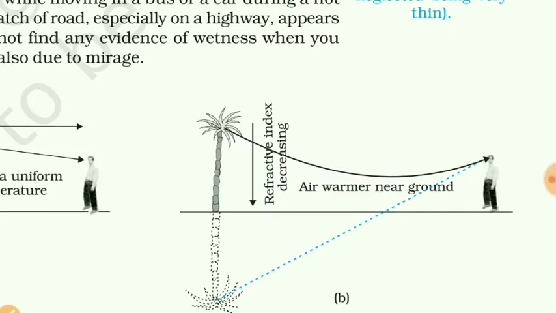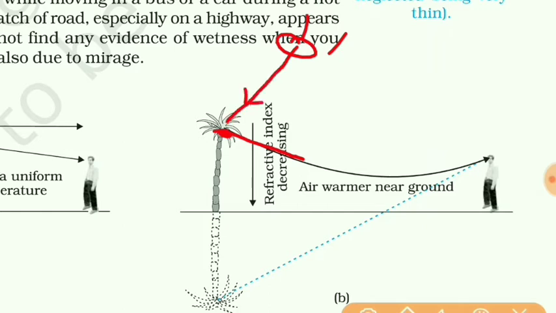So gradually density increases. In that case, when the ray is coming from the tree, actually this ray is not emitted by the tree, it is the sunlight only. The sunlight falls on this tree and that ray is reflected, and comes to the eyes of an observer, and so this observer can see the tree.